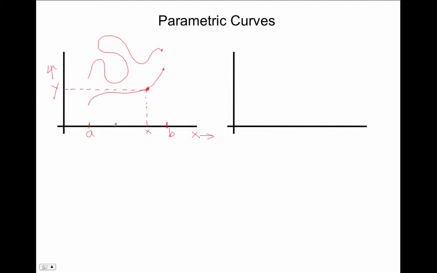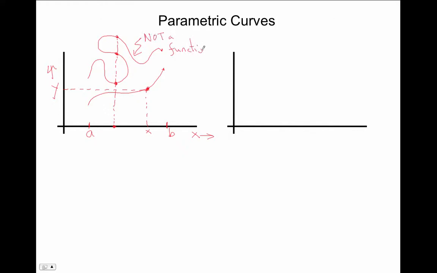Let's say that we look at this point along the x-axis and ask, what is the value of y? It could be this, or it could be this, or it could be this. In other words, the value of x does not fix the value of y. And this over here is not a function.